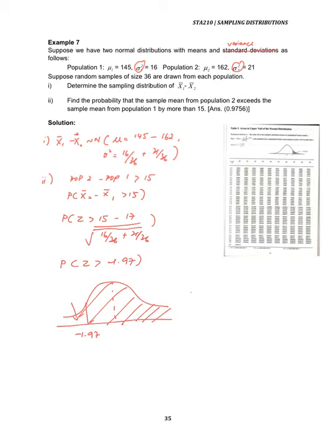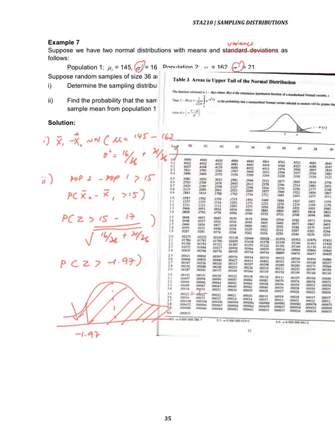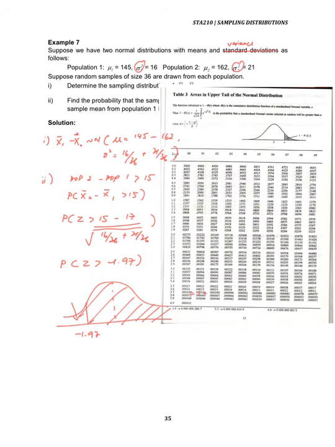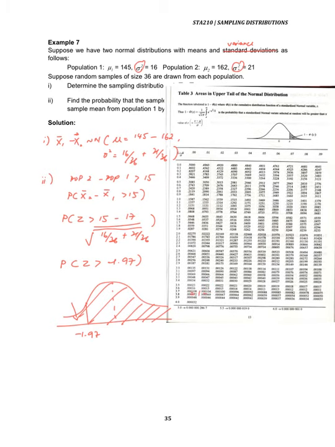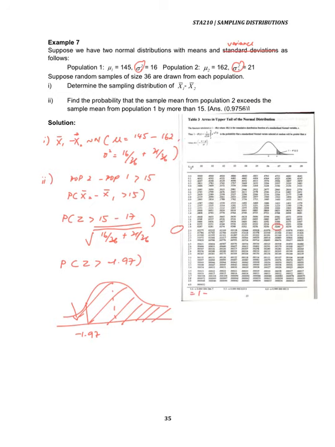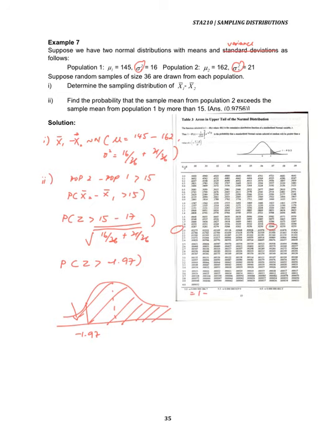So the answer is 1 minus the value for 1.97, which is 0.0244. 1 minus 0.0244, and finally we get 0.9756.